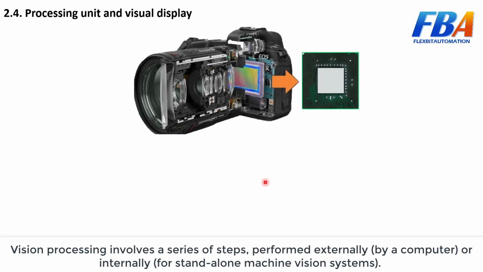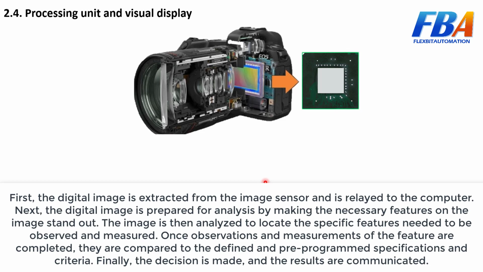The vision processing involves a series of steps performed externally by a computer, or internally for a standalone machine vision system. First, the digital image is extracted from the image sensor and relayed to the computer.